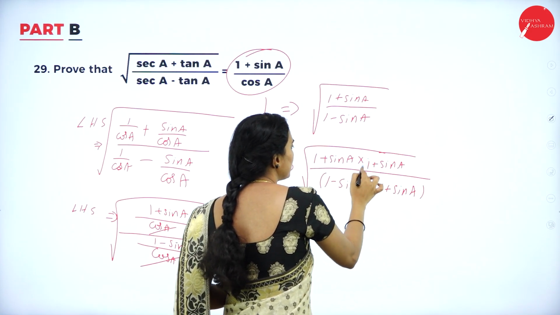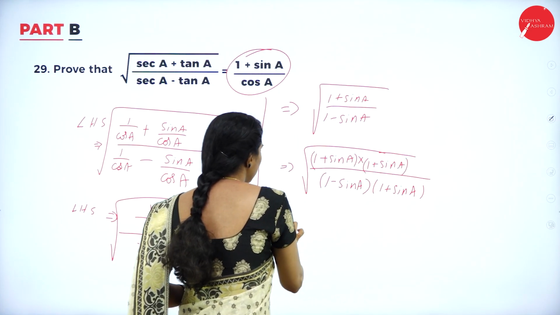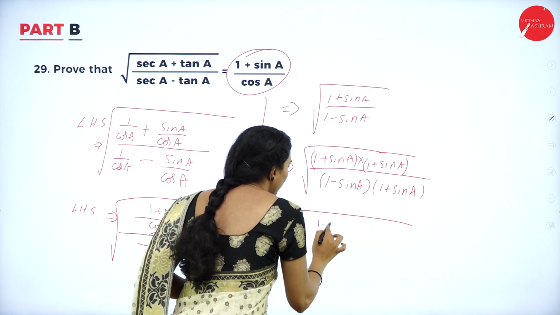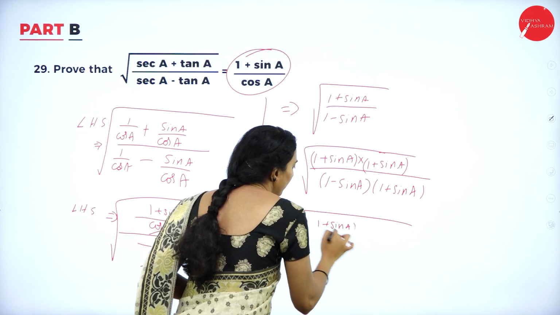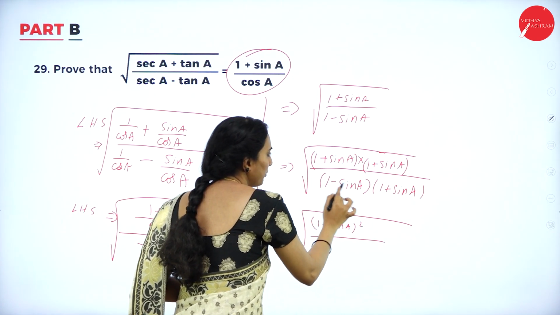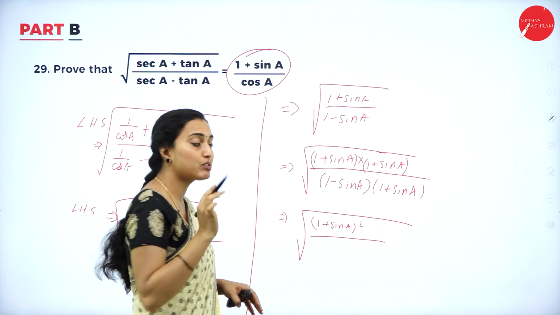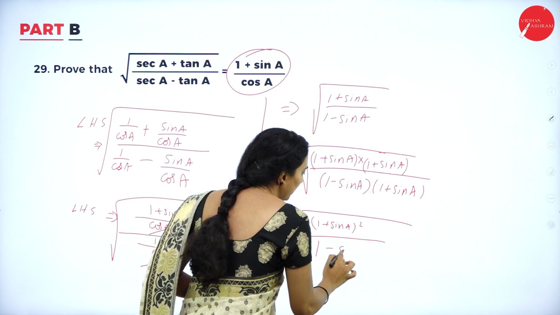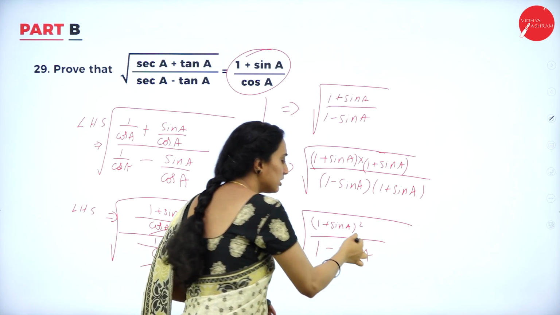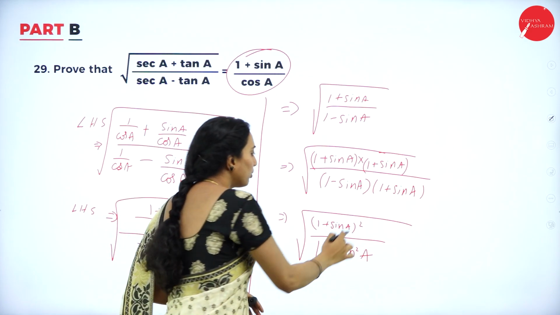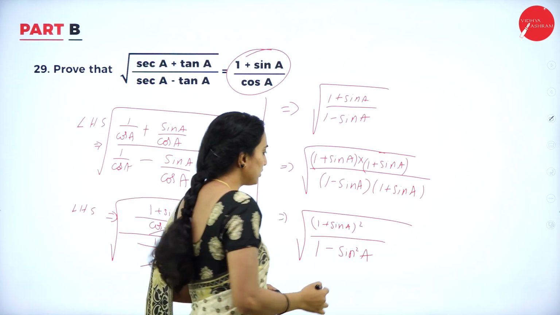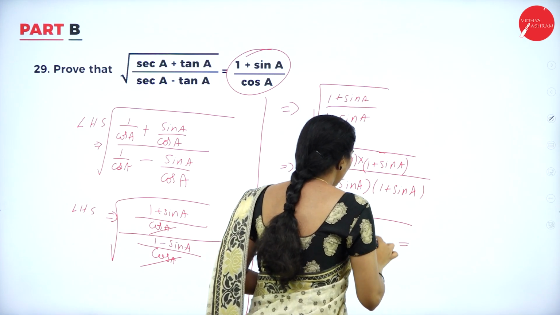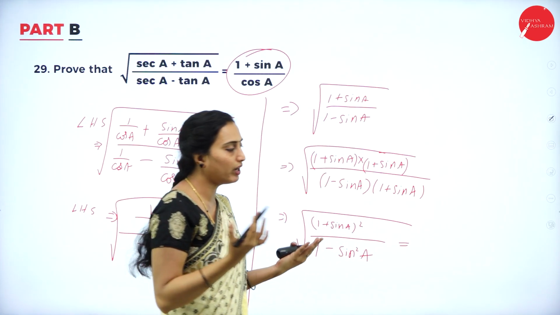Now what is this? 1 plus sin a into 1 plus sin a, which is under the root of 1 plus sin a whole squared, divided by a minus b into a plus b, which is a squared minus b squared, which is 1 squared minus sin squared a. Writing this step is also very important. Now cancelling the square root, what happens? 1 minus sin squared a is cos squared a.